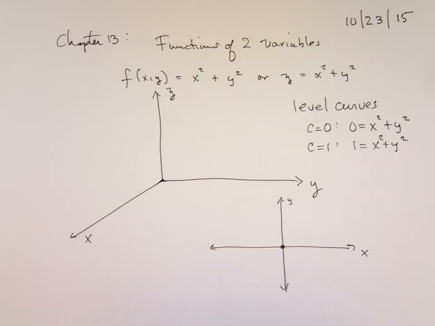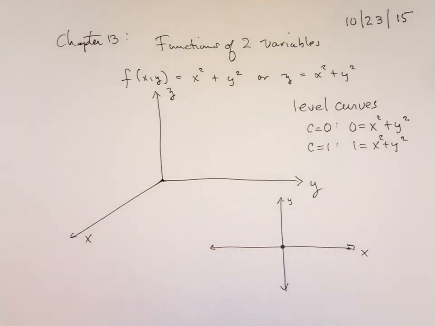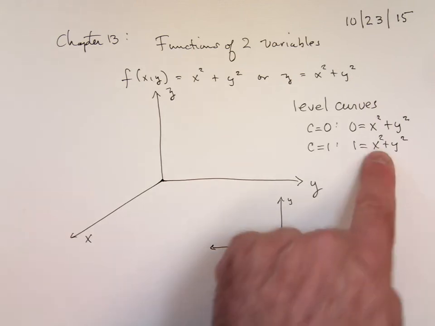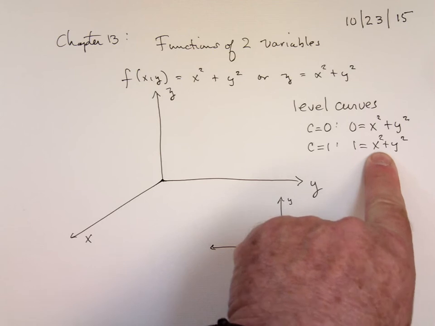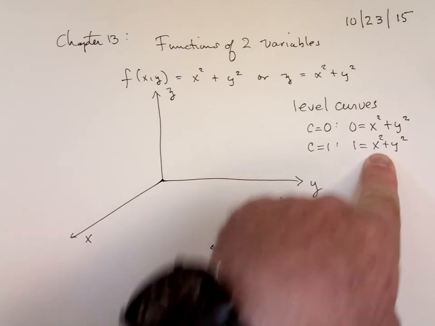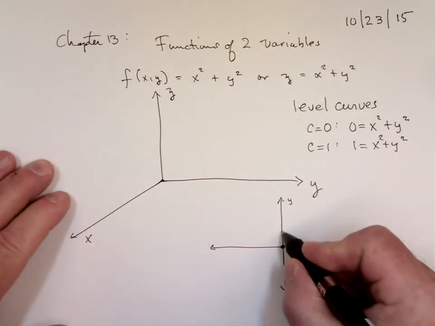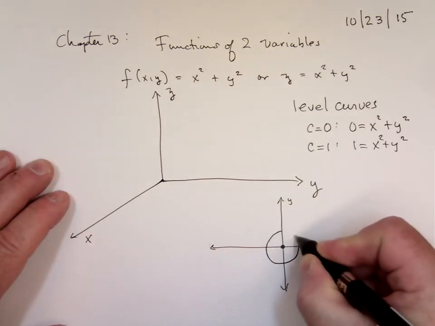What do we get for an intersection of our surface with that plane? What does x squared plus y squared equals 1 describe? A unit circle.